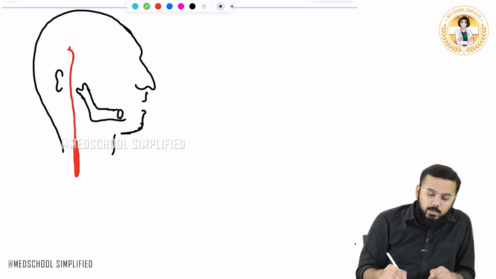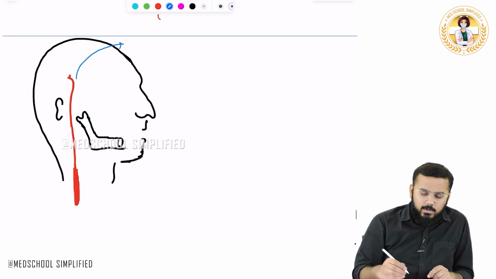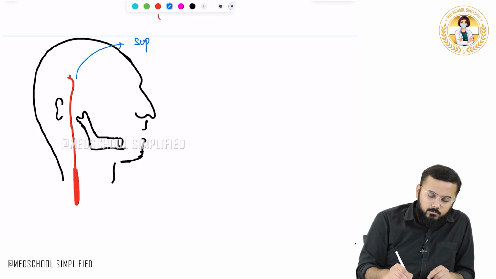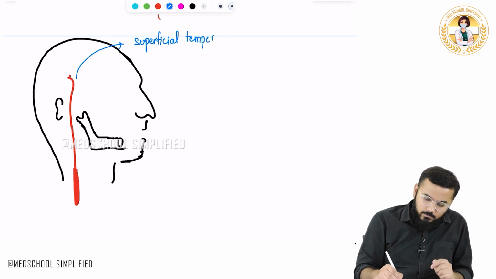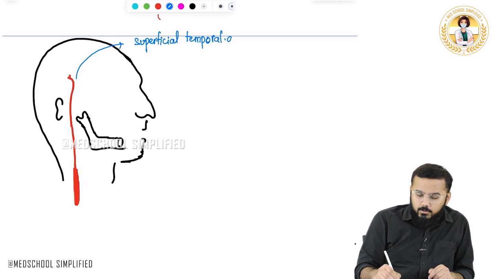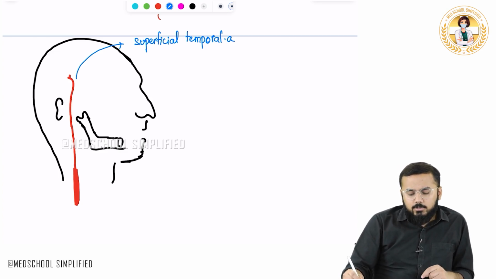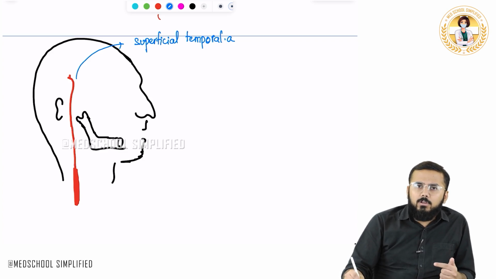The name of this artery is superficial temporal artery. Now, is this superficial temporal artery part of the infratemporal fossa?